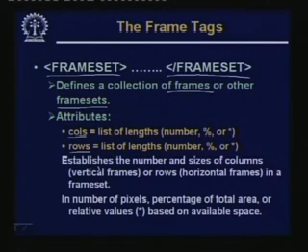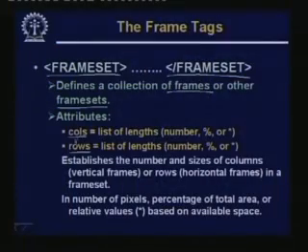The cols attribute establishes the number and sizes of columns or vertical frames in a frameset. Similarly, rows will tell you how many horizontal frames there are, because the frames may be divided in any arbitrary way. We will take some examples. There should be ways of specifying how the frames are divided.